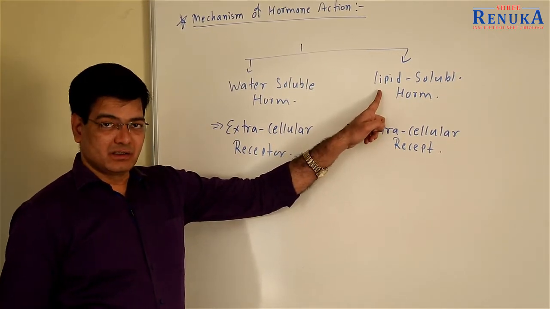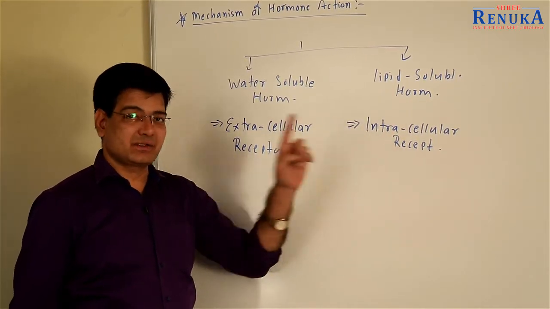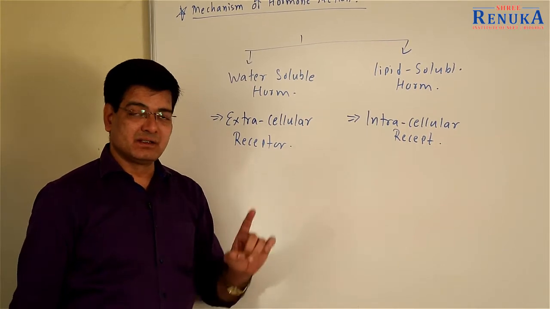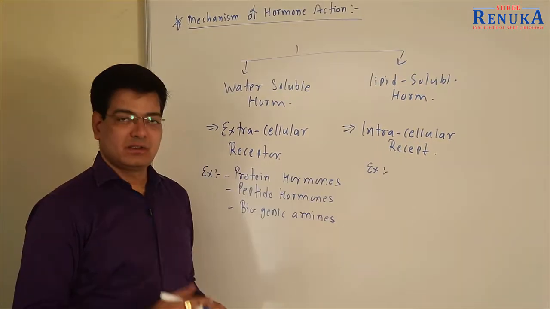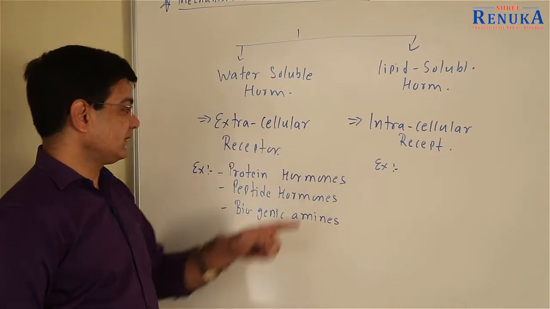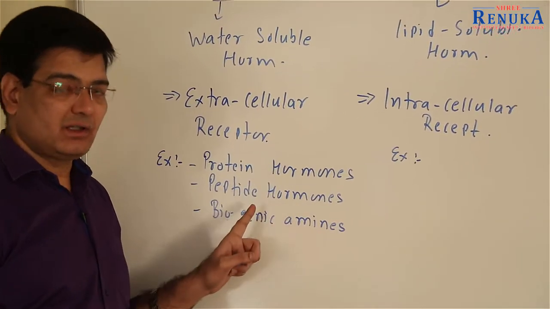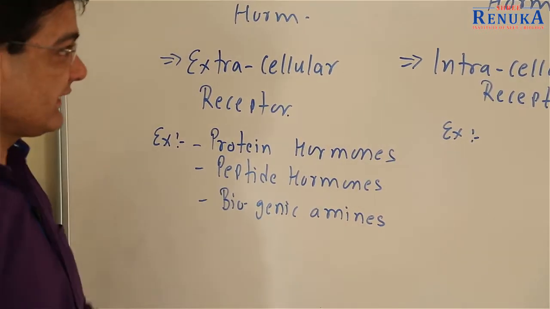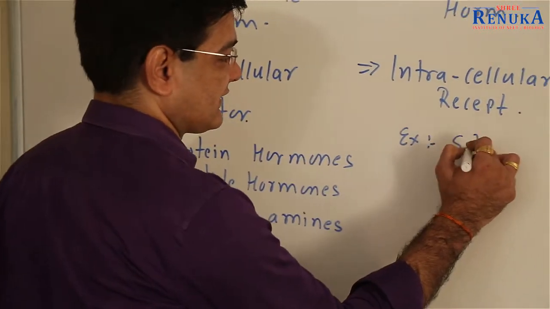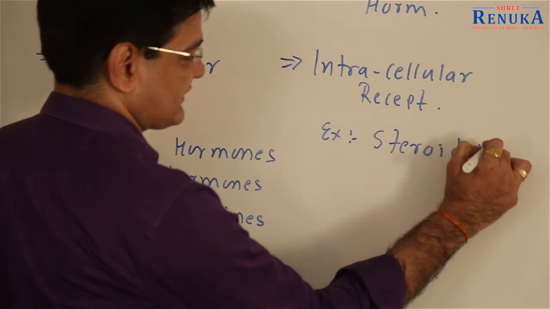For lipid soluble hormone, the intracellular receptor is present inside the cytoplasm of the target cell. Examples of water soluble hormones are protein hormones or peptide hormones and biogenic amines as well, whereas lipid soluble hormones are steroid hormones.